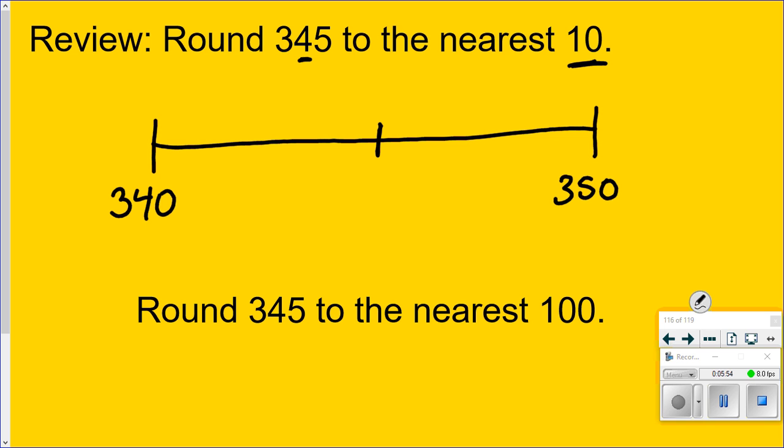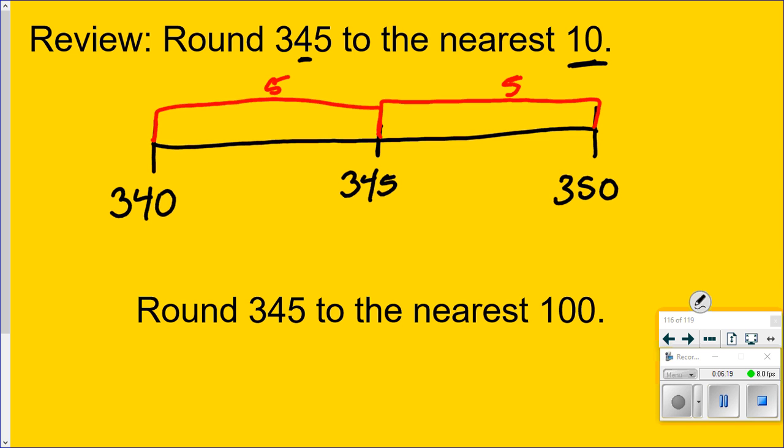You're close, but not 350. 350 is right here. That's not going to go in the middle. Victor? 345. Victor knows that it's 345 because there are going to be 5 numbers on this side and 5 numbers on this side. We write that. You don't have to write what I wrote in red. That's fine.